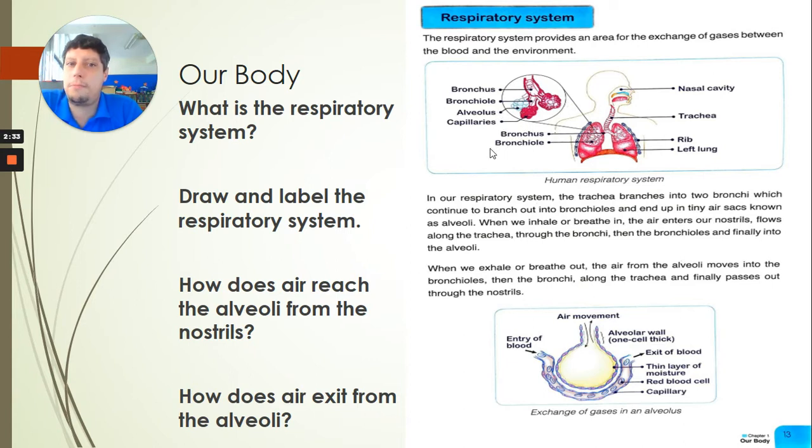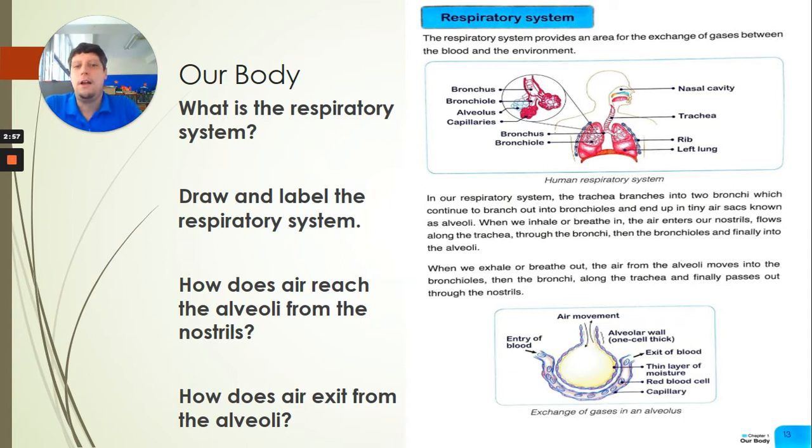You'll have to remember bronchus at the top, then your bronchiole, then your alveolus, and finally your capillaries. So we can see the difference between the alveolus and the capillaries. The alveolus are white and the capillaries are darker or red, okay? So it's important that you do remember that.